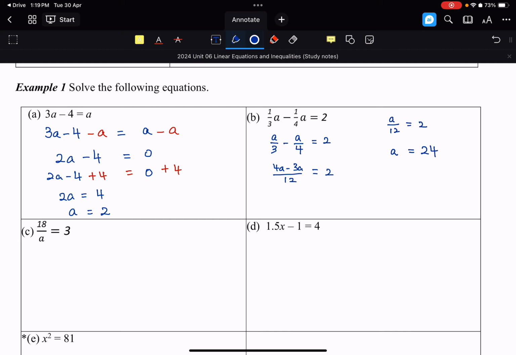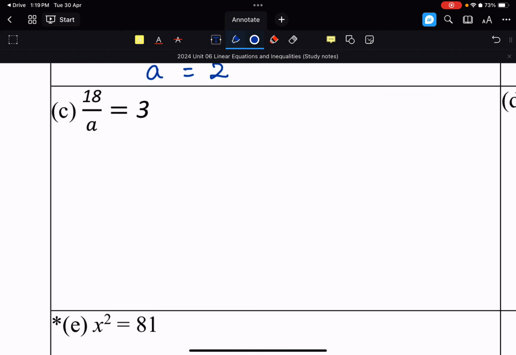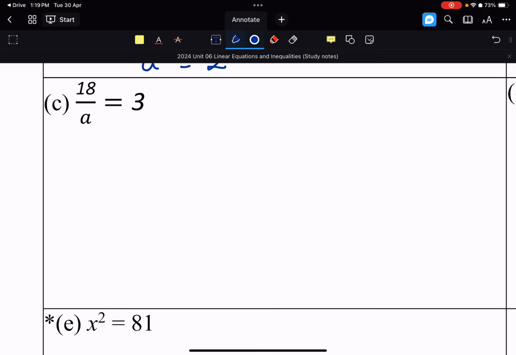Next example, example C. There are a couple of ways to do this. One of the ways is to multiply both sides by a, which will give me 18 equals 3a. So that means 3a equals 18. Therefore, a is 18 divided by 3, which is 6.